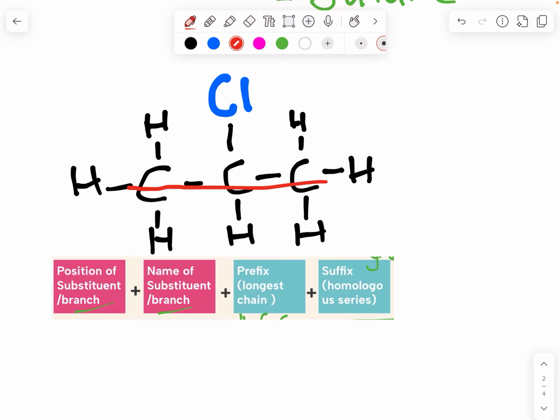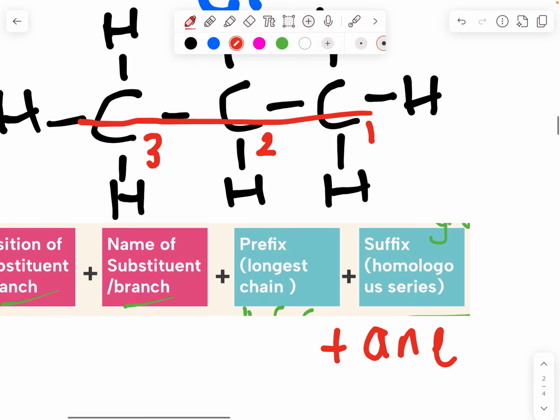The suffix is the functional group present, and it is only C single bond C that I'm seeing, so that would of course be alkane. Now we're at the prefix, the amount of carbons in the longest chain, and we have 1, 2, 3 carbons, so it's going to be prop.